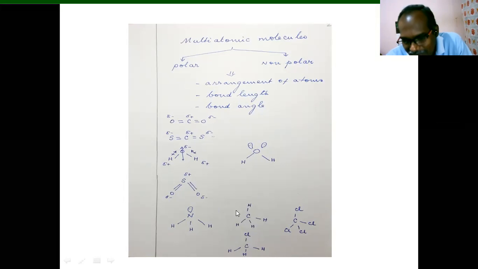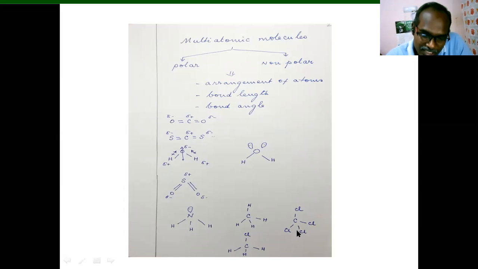But in this case, as all the bonds are spatially oriented, their vectorial sum becomes zero. Similarly, in the case of carbon tetrachloride also, all the bonds are spatially oriented in such a way that the vectorial sum of all the bonds becomes zero. Therefore, the carbon tetrachloride is non-polar.